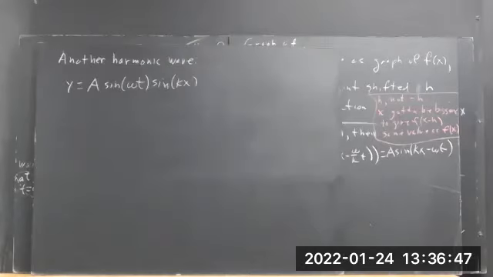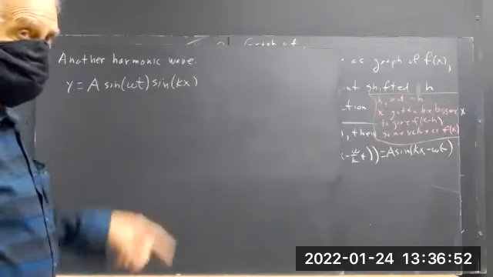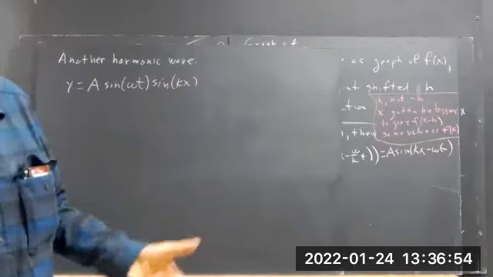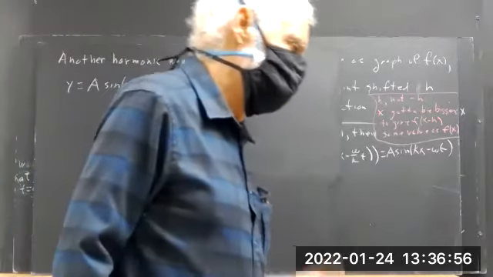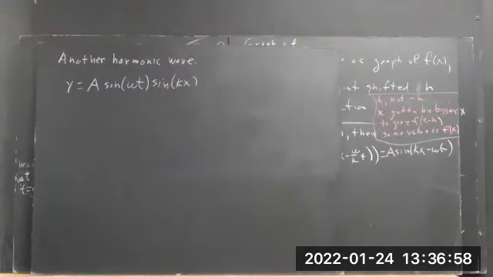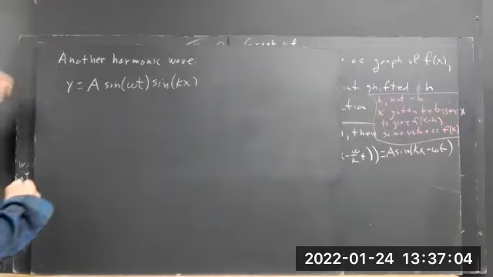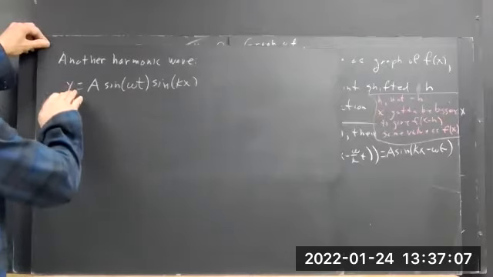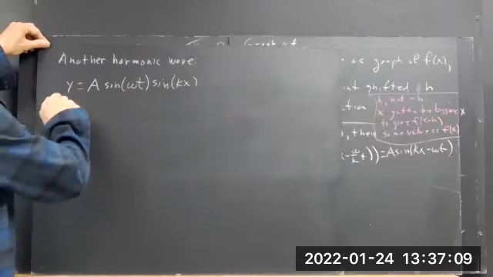Okay. This is another harmonic wave. Now, by harmonic wave, well, we'll define it. There are plenty of non-harmonic waves, but I'll put that in a broader context later. Okay.